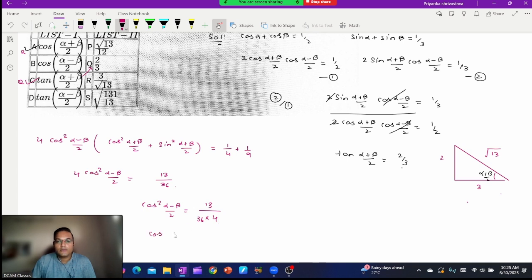The cos of (alpha minus beta) by 2 has become root 13 by root 36 into 4, which will be root 13 by 6 into 2, which is root 13 by 12. So cos of (alpha minus beta) by 2 is E.